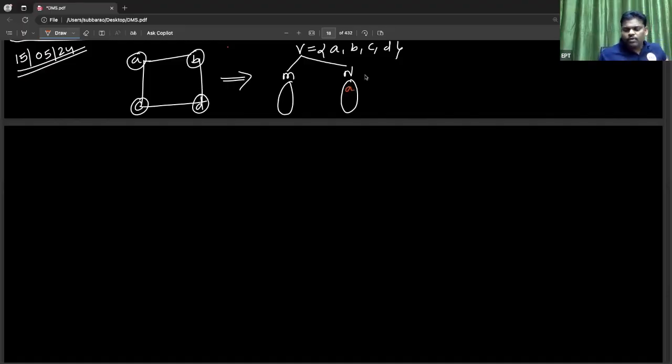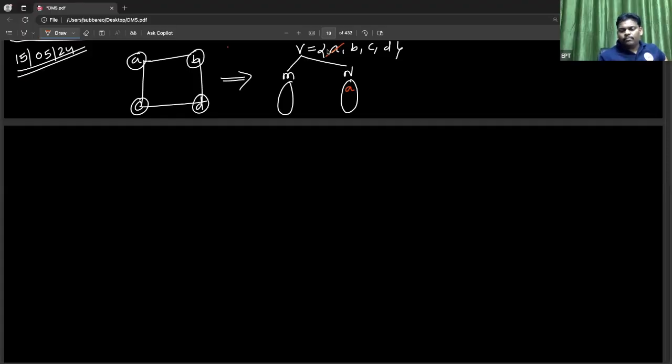Now observe. I took A and kept A in the N group, that is fine. Now see the given graph. Between A and B, is there an edge or not?